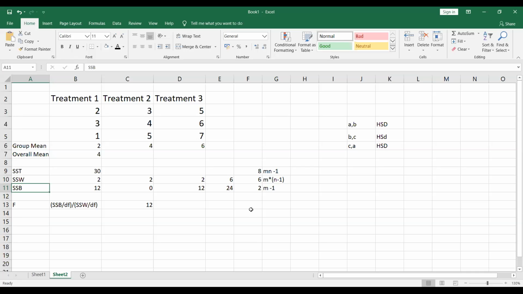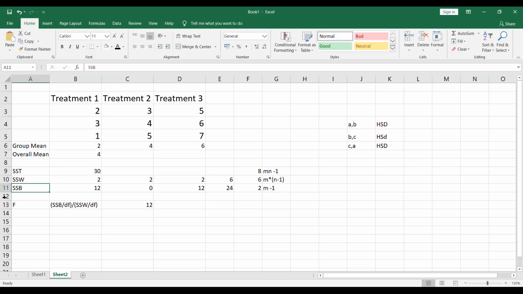M and N represent rows and columns, so it's a 3 cross 3, meaning 3 rows and 3 columns, but m here is your number of groups. Okay, all right. So these calculations are clear.